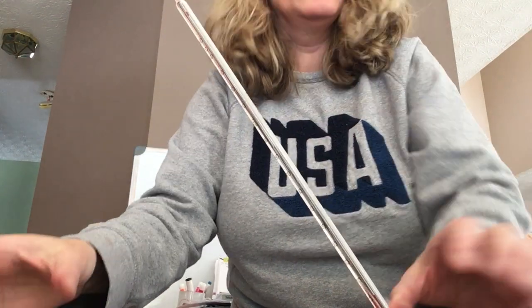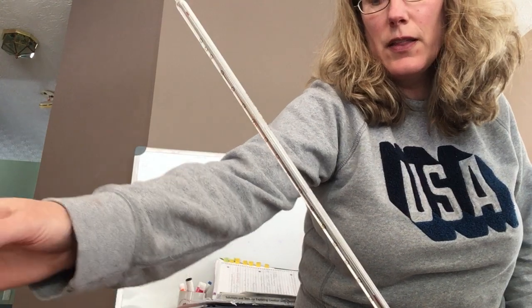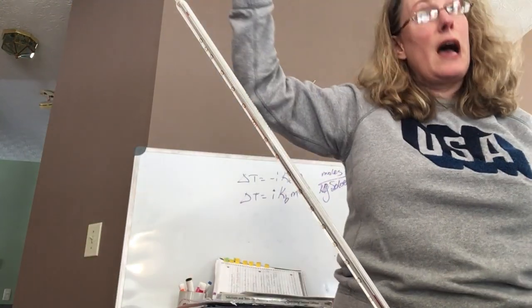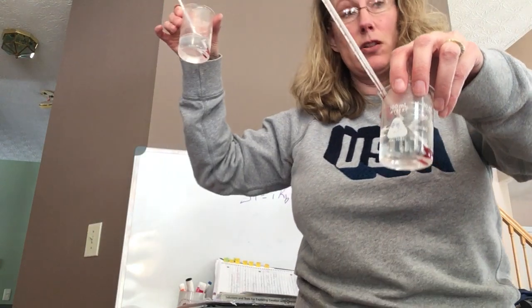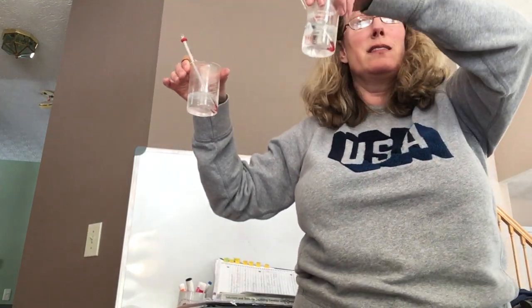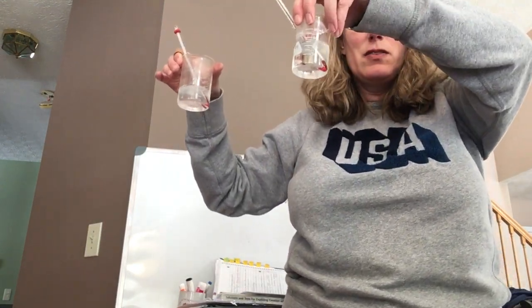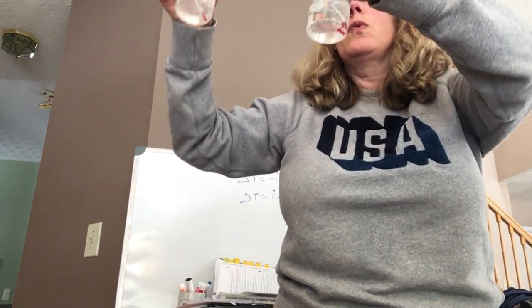So this one, the temperature is lower because it has salt in. This one, the temperature is higher. It doesn't have salt in. So does that make sense? I wish one of them had ice in it.